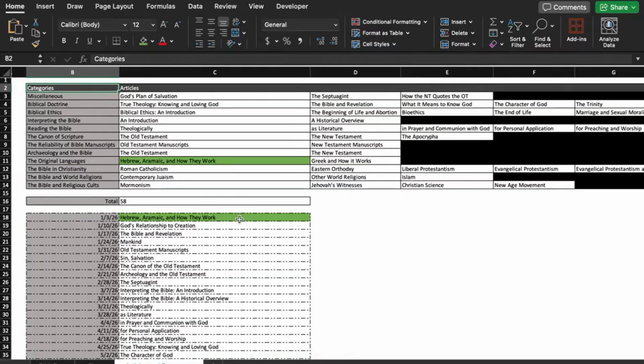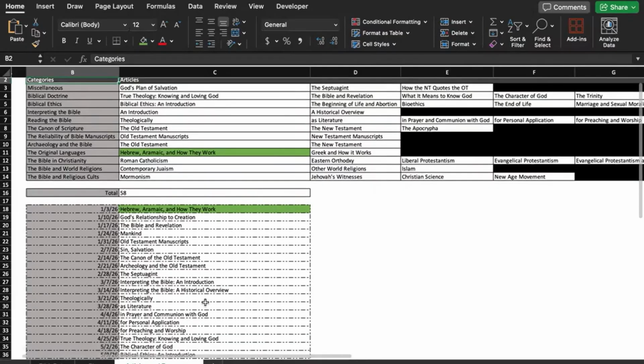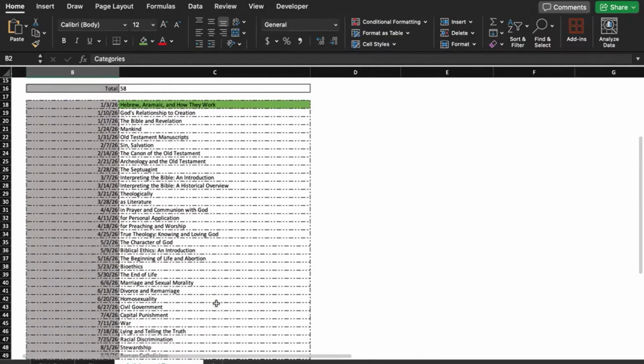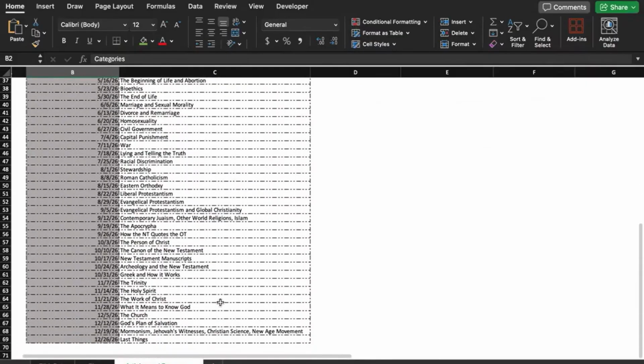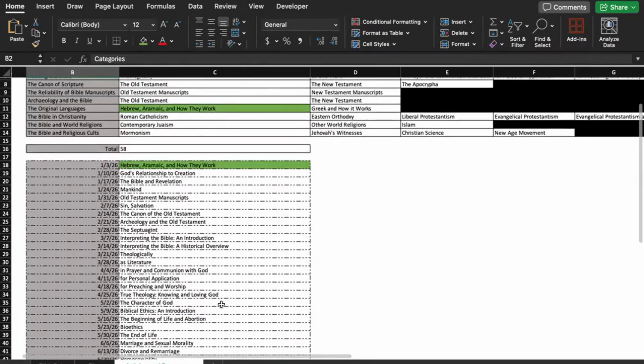Every time we do one, I'll highlight it green so that we know we've gone through all of them. Next week we'll get into God and His relationship to creation, especially since we're in Genesis, and then we'll do certain things here. So this is our layout for how we'll handle the articles and resources.